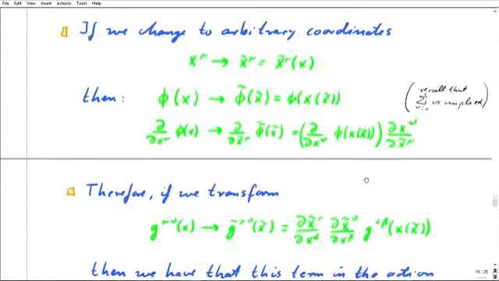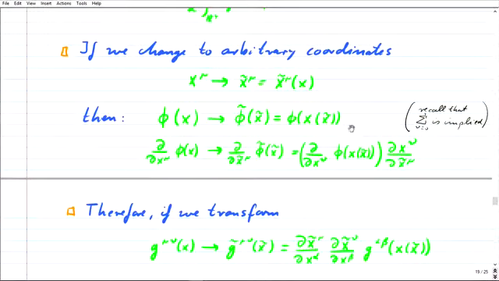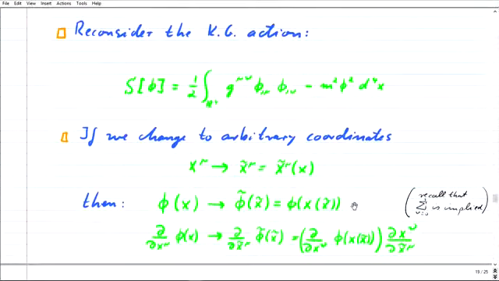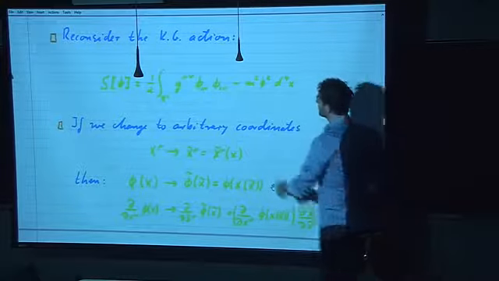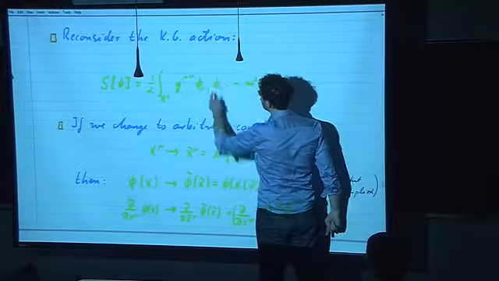And what that means is that, in principle, if we change the coordinate system, the action would change because these things change by chain rule factors.